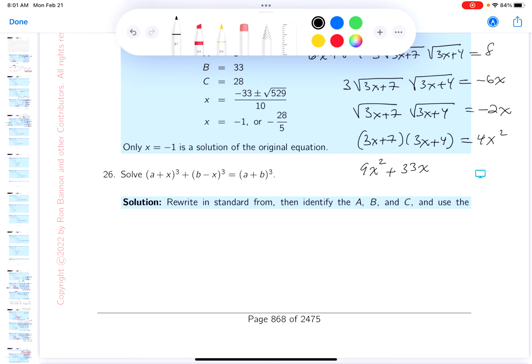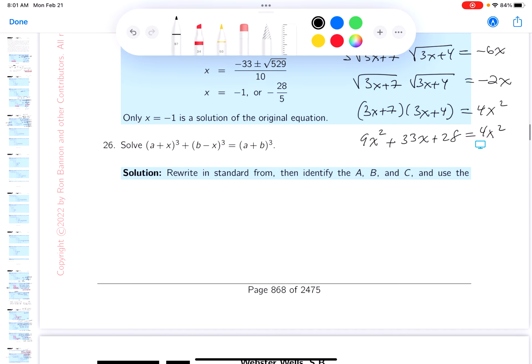Let me check that again. You would get 12 and 21, 33, plus 28 equals 4x squared. All right? It's kind of looking nasty. But let's put this down. What do you get? 5x squared plus 33x plus 28 equals 0.